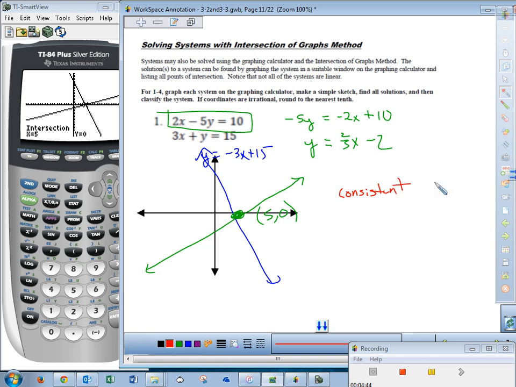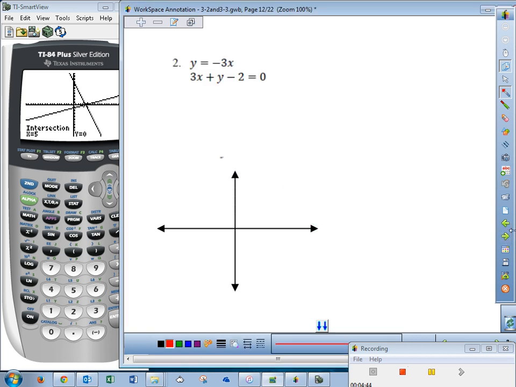I got an answer, right? Now, how many answers did I get? 1 or infinite? 1. So that means it is independent or dependent? Independent, all by yourself. Consistent and independent is what that guy is. We cool with that? Next guy.